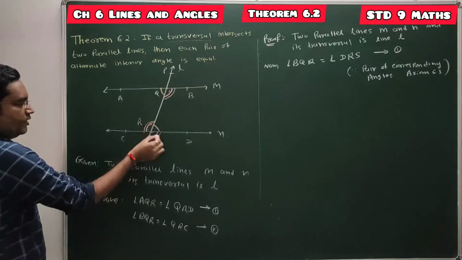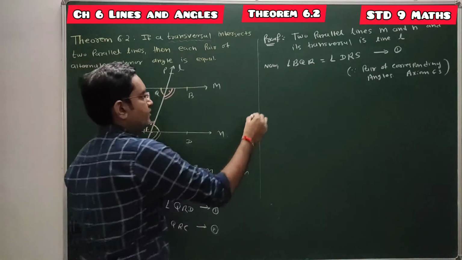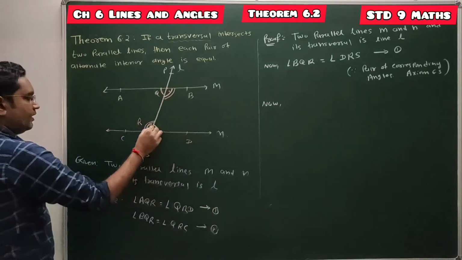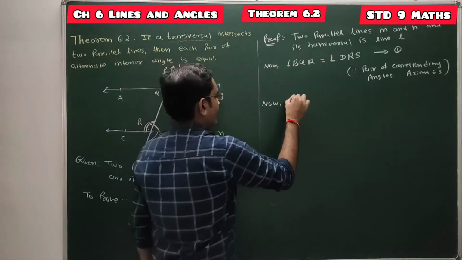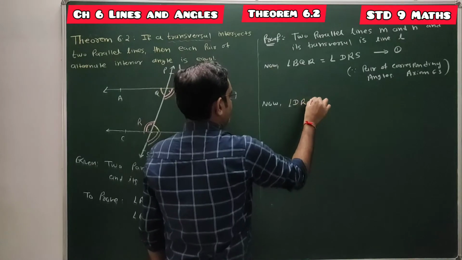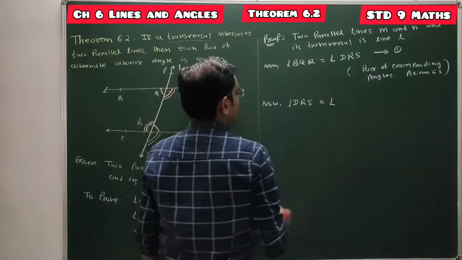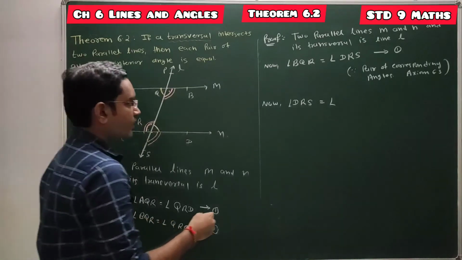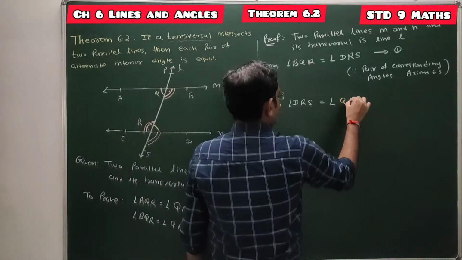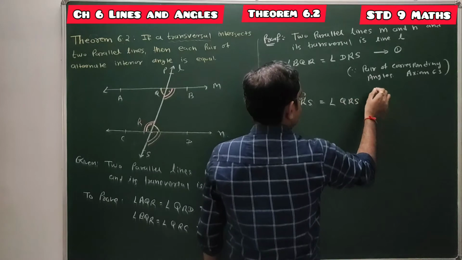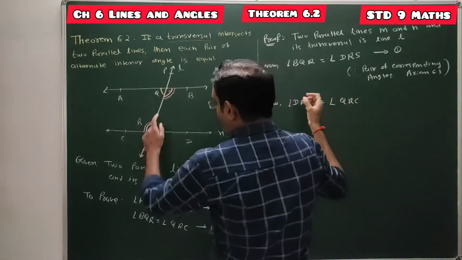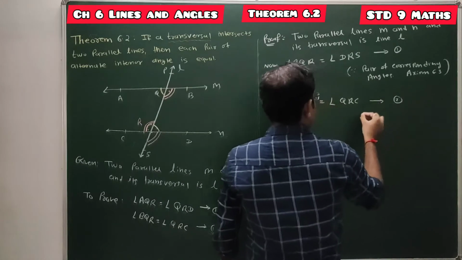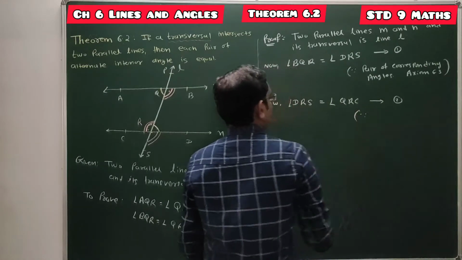Now these two angles are vertically opposite angles. So the next statement we can write: angle DRS is equal to angle QRC. Say this as result number 2, and where did this result come from?